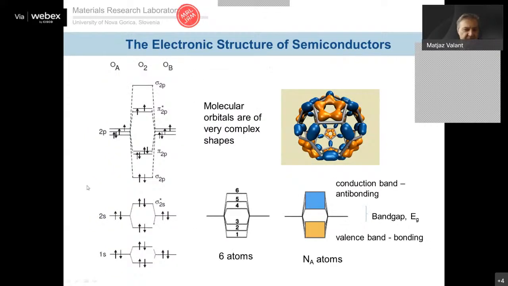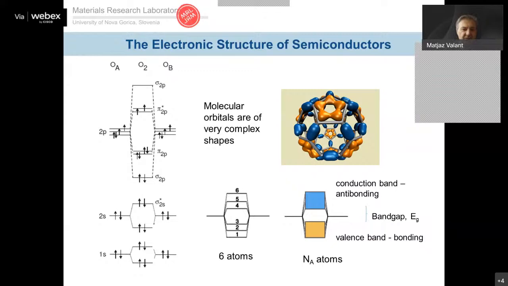So this is our already well-known picture showing the formation of molecular orbitals in quite a simplified way. In reality, our molecules are three-dimensional. Even if we sometimes consider two-dimensional, everything is three-dimensional in our universe.